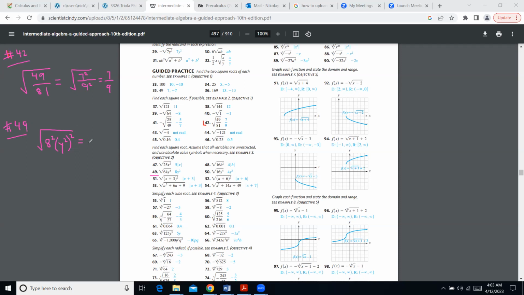So these squares, such as 8 squared, will give us just 8 because they disappear. And similarly, y to the second power, which is squared, is no longer going to be raised to the power of 2. In other words, sometimes people say when you extract a square root, then you divide your power by 2, and that's what it is.